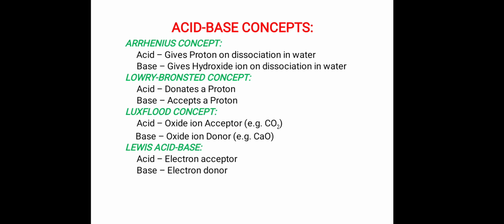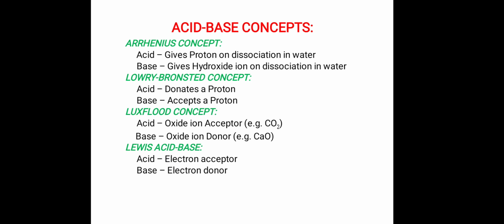The next theory is the Bronsted-Lowry theory. In 1923, Bronsted and Lowry independently proposed a more general definition of acids and bases. According to them, an acid is any hydrogen containing material that can release a proton to any other substance, whereas a base is any substance that can accept a proton from any other substance.